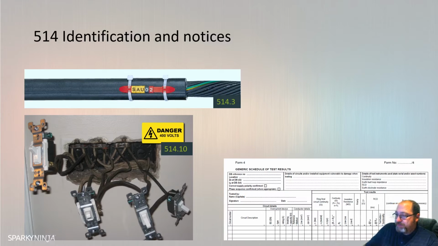Table 51 gives you a good list of colour markers and alphanumeric markers. So you may obviously get a question that goes along the lines of, the colour of a control circuit, extra low voltage and other applications for a line conductor is not.